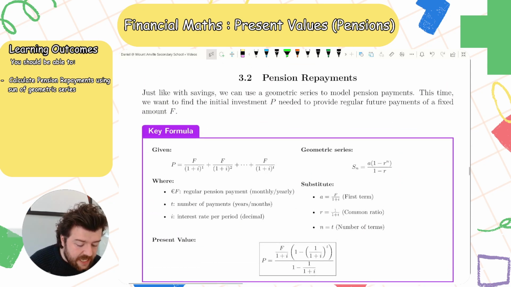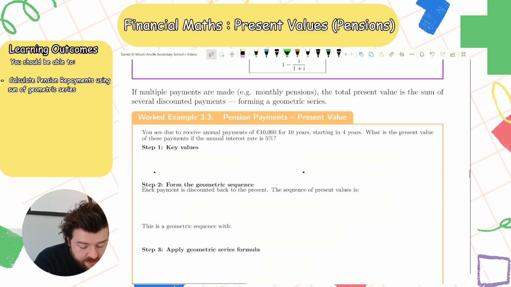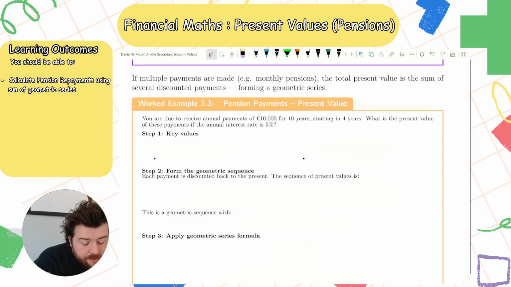So just like savings, we can use a geometric series to model pension repayments. This time we want to find the initial investment P needed to provide regular future payments of fixed amounts F. So if multiple payments are made, e.g. monthly pensions, the total present value is the sum of several discounted payments, forming a geometric series.